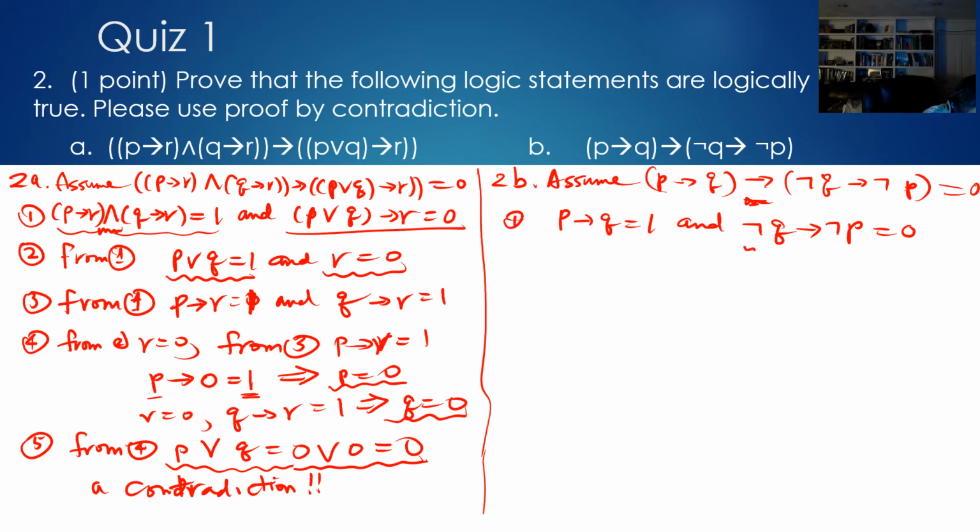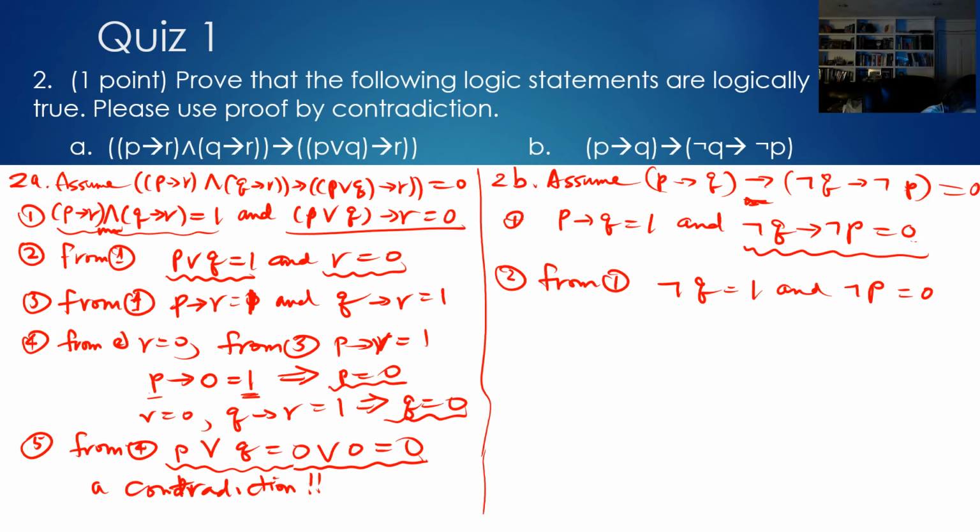Now based on the second expression, this is also an implication by itself. So the result is 0, so that means from 1, the negation of Q must be 1 and negation of P must be 0, because the implication is false.